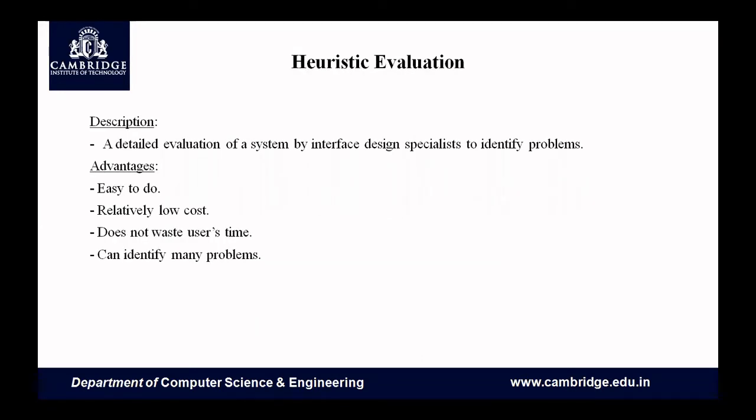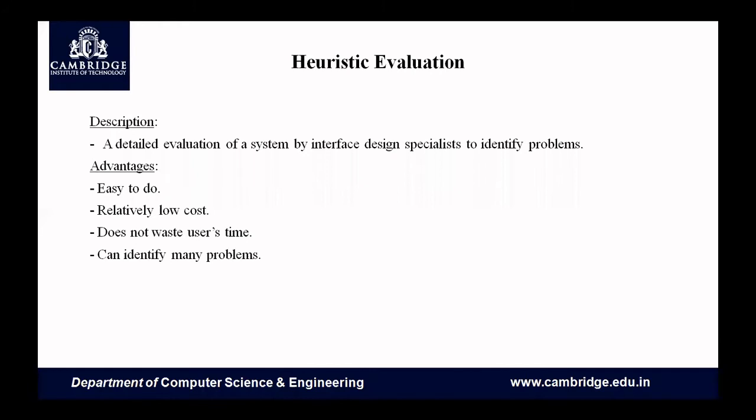Heuristic evaluation. It is a detailed evaluation of the system. Heuristic means a process which identifies usability problems. So now we are going to evaluate the usability problems. That evaluation is called heuristic evaluation.